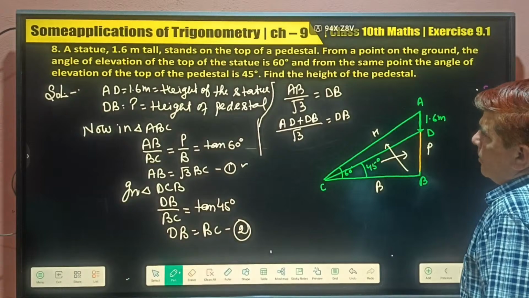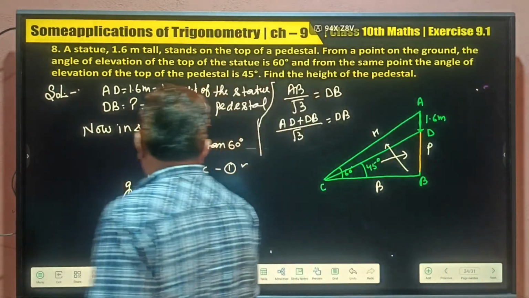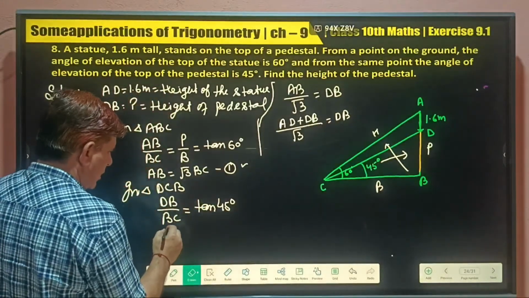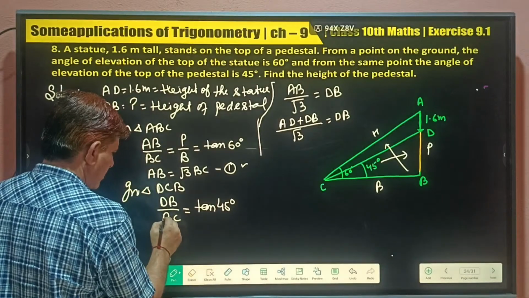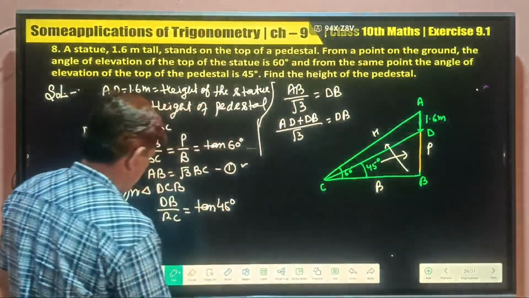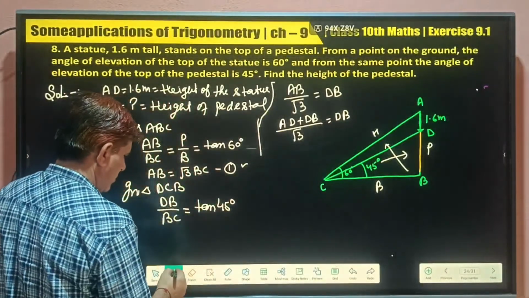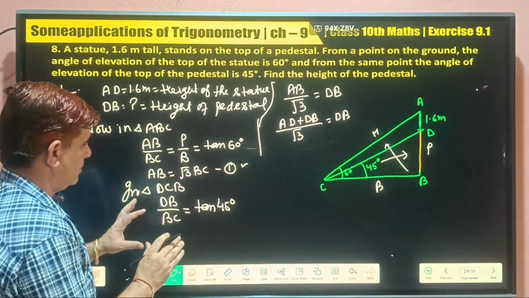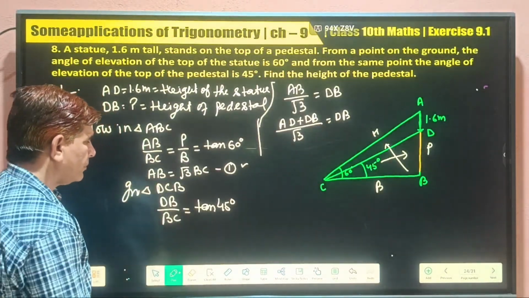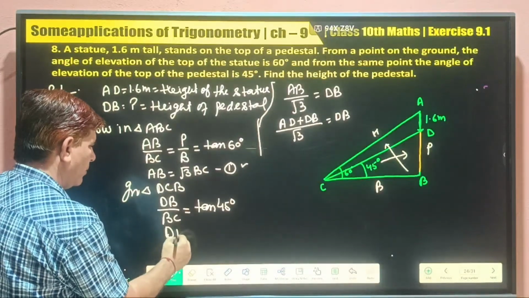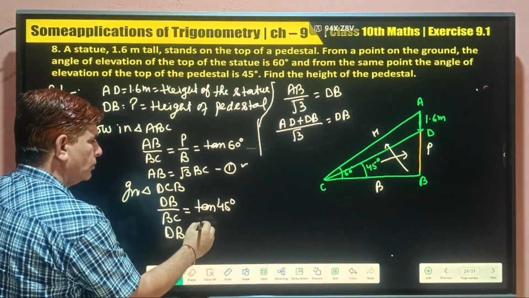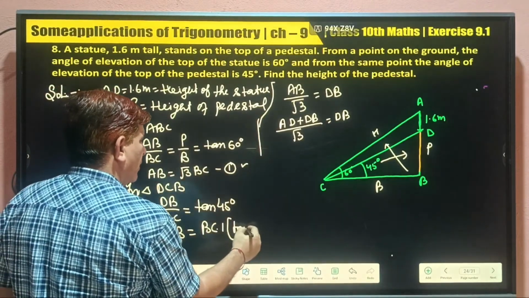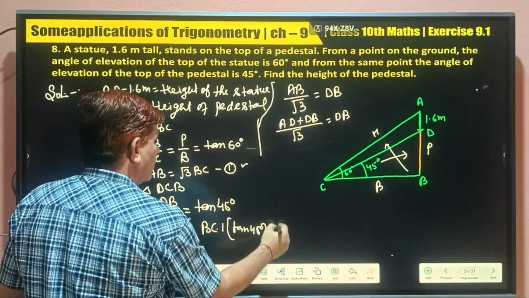Otherwise, in place of AB we can use this. Understood? Then DB is equal to BC into 1. Why? Tangent 45 degree is equal to 1.